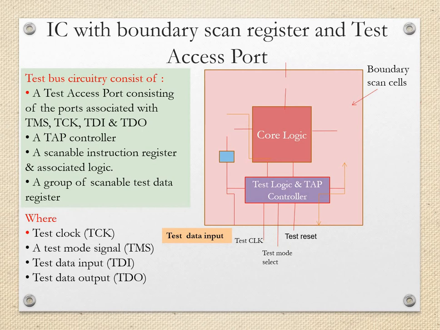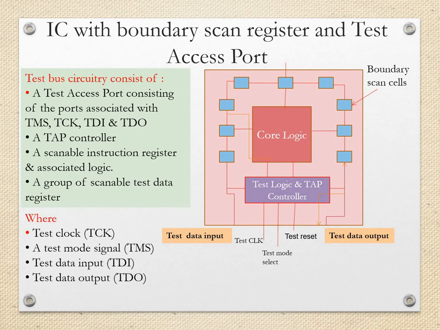You can see how these boundary scan cells are connected in a chain, and the data will run through these boundary scan cells, complete that periphery path, and finally be outputted as the test data output, that is TDO.